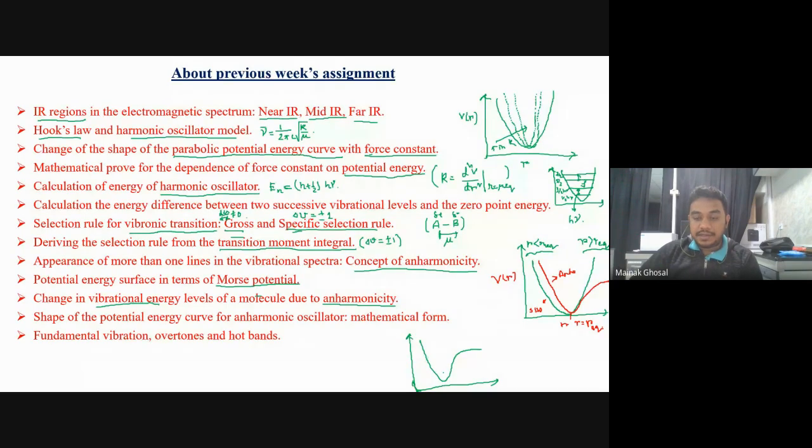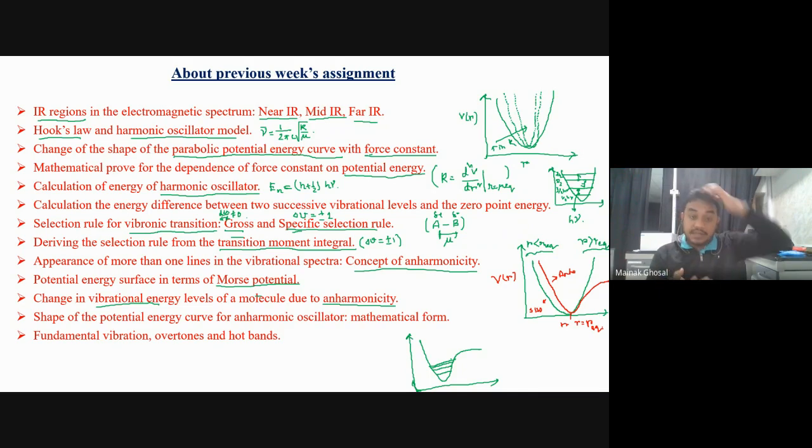It was discussed that as you go higher in energy, these levels become much closer to each other. So an anharmonic oscillator says that at high vibrational quantum numbers, your energy levels become closer, and the difference between the energy levels gradually decreases.